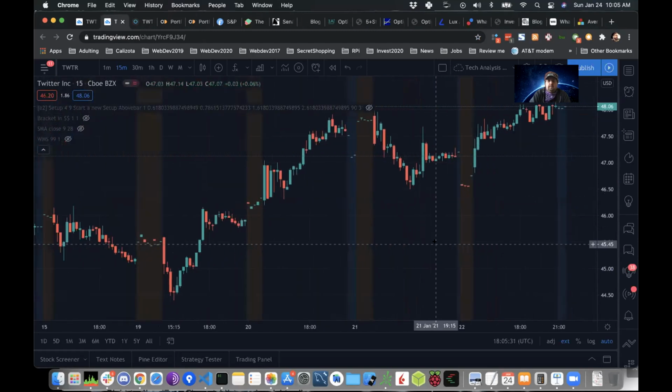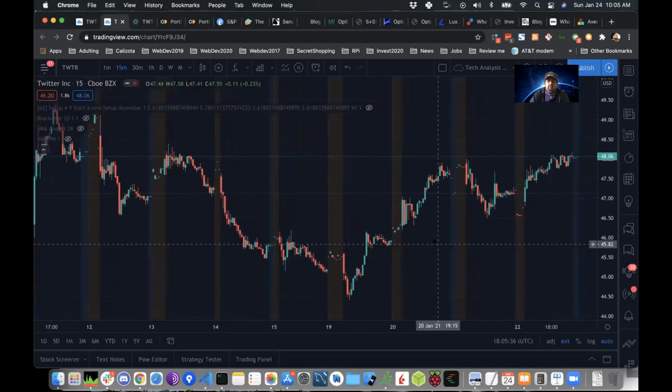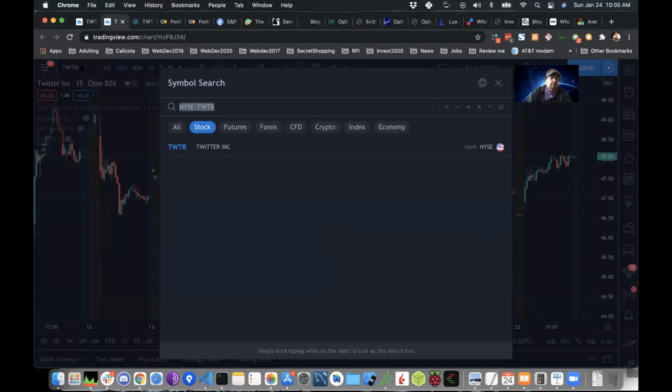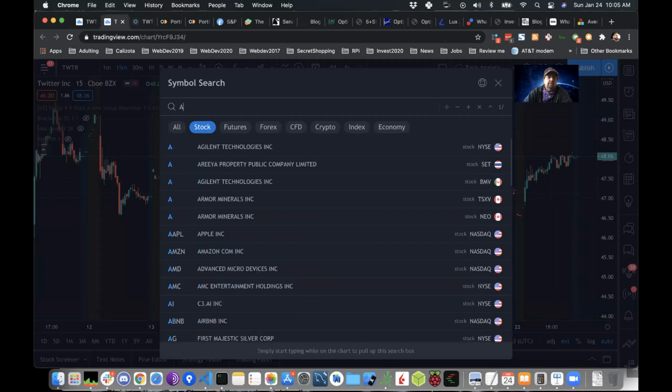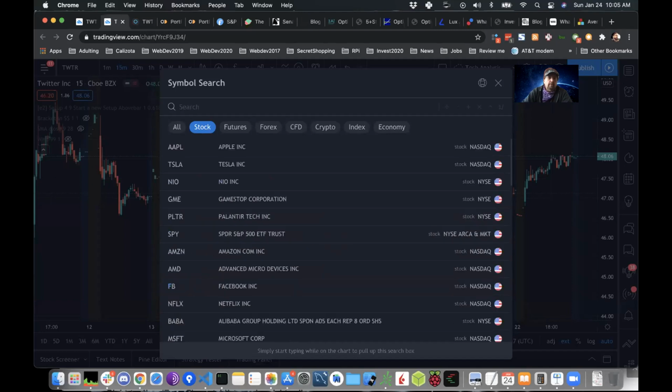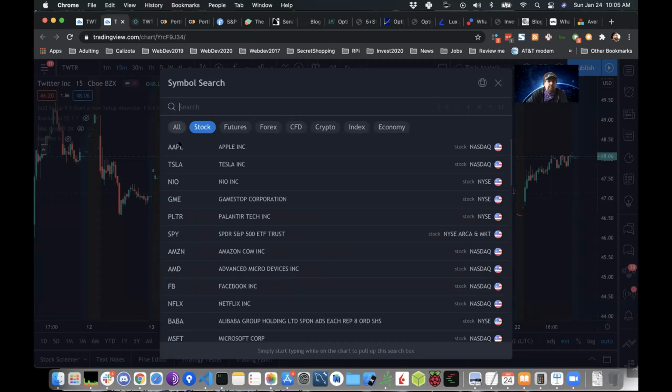What you see here, for everyone who's just brand new to trading, is what a stock chart looks like for any particular ticker. You'll see the tickers up here. I can pick Apple, I can pick Tesla, any ticker, these 4-letter or 3-letter tickers that you hear of, even some as short as one, like Ford, or GM, which is a 2-letter one, but most of them will be 4-letter or 3-letter tickers.